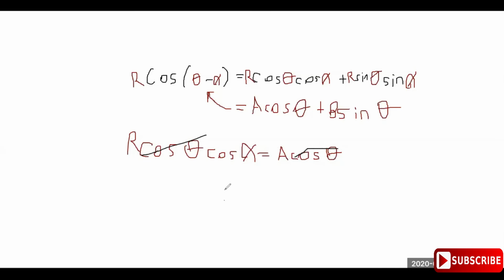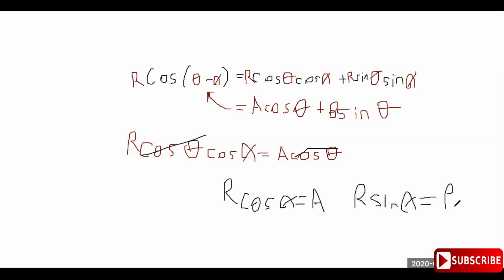So R cos alpha is A. R times the cosine of alpha is A. And from the other one, R sine theta cancels the sine theta here, and we end up with R sine alpha is B. Can you see that?